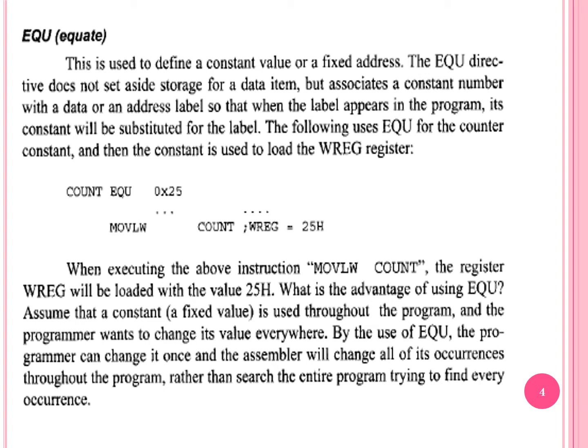But if instead we declare it in the beginning using the equate directive, like in C programs we used to use macro definitions with hash define, and then repeatedly use it in our program, then anytime we want to change, only in that one line in the beginning part of our program we can change it, and it will automatically get altered. So this is the same thing in assembly language. This facility is available with EQU.